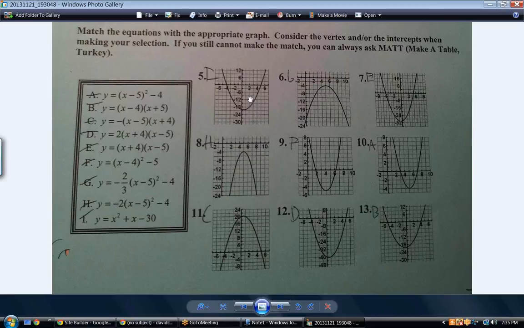Okay, let's look at this first one here. You say that that is I, x squared plus x minus 30, because that factors into x plus 6 and x minus 5, which makes the intercepts minus 6 and plus 5. There's the plus 5, but that one's minus 4.